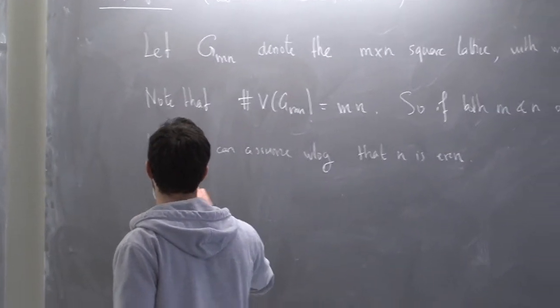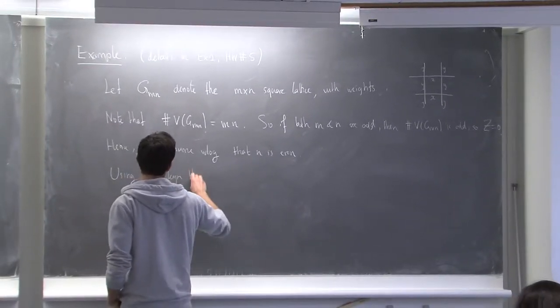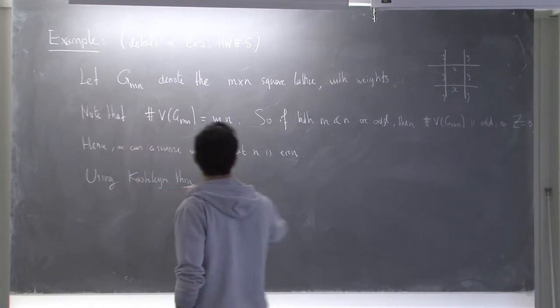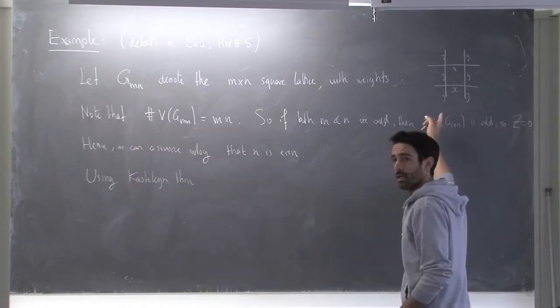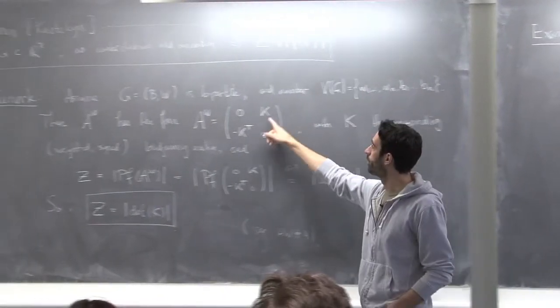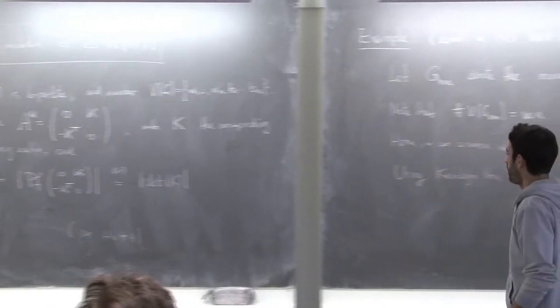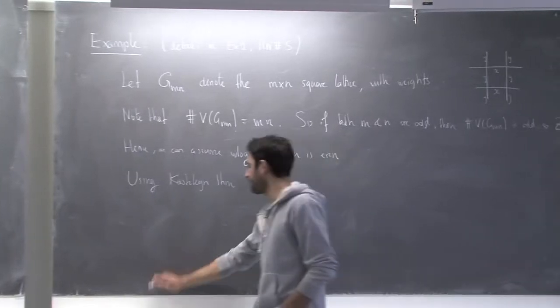Using Kasteleyn's theorem, it's interesting to see that this graph is bipartite, but in this case it's actually easier to compute the Pfaffian of the full matrix than to compute the determinant here. So it's funny, it's not a good idea here to pass through this remark. But anyway, everything is explained in the exercise.